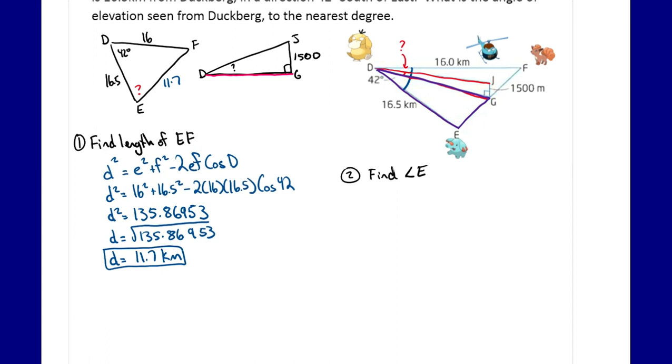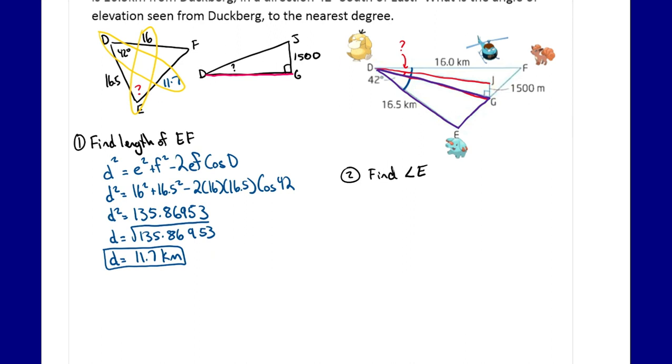As we just mentioned, we have enough information that we could use sine law. So I'm going to use sine law in this case. You could use cosine law, but I like to use sine law a little bit better. It is a little bit easier in terms of the calculations. There is less information you have to plug in, maybe a little bit more manipulation or rearranging of the equations, but less substitution.